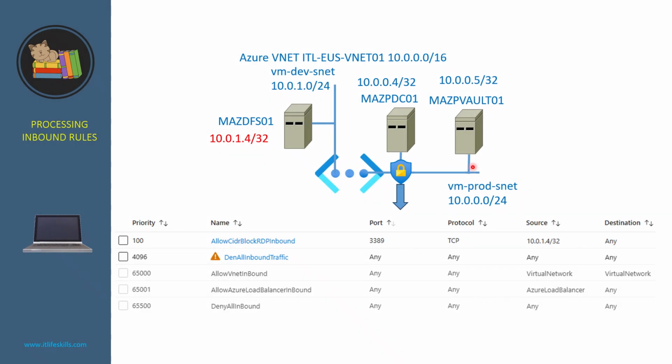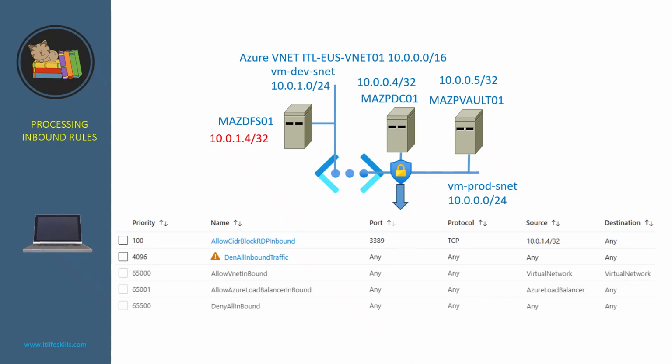Now from the vault server configured with the IP 10.0.0.5, we try to RDP to the DC server. In this case, the RDP traffic does not match the first rule because the source is now different.